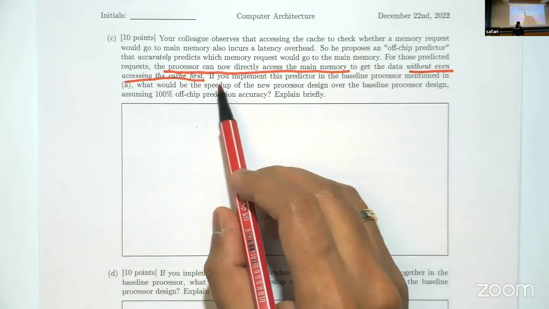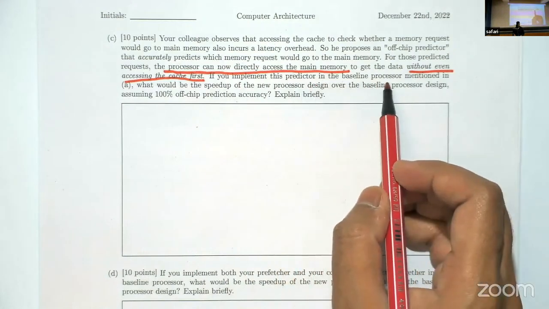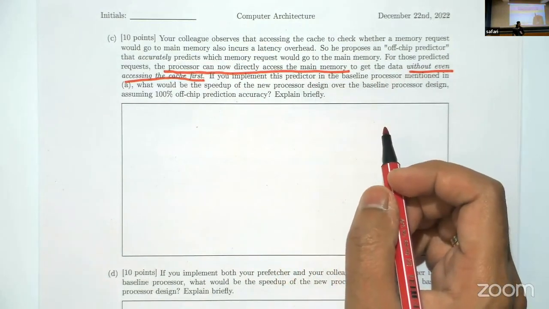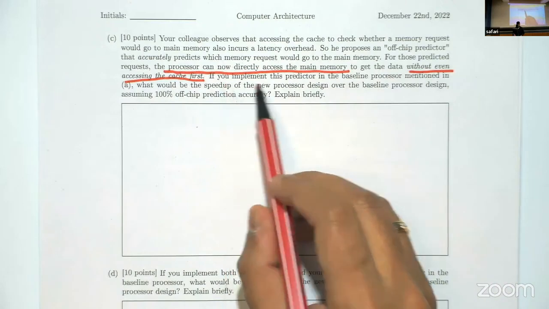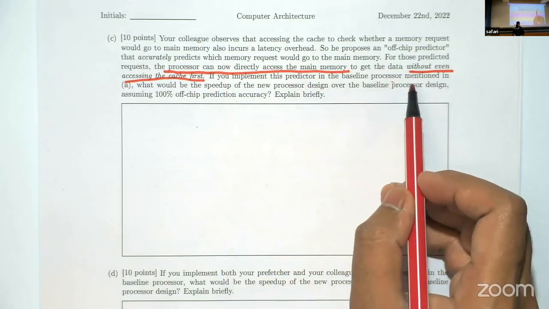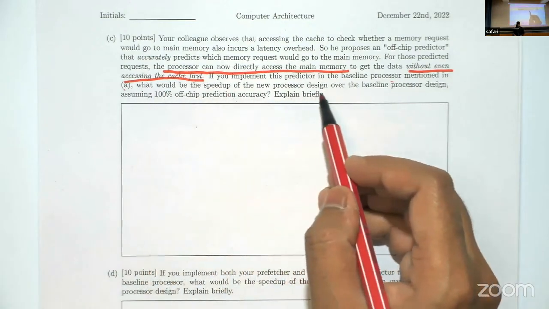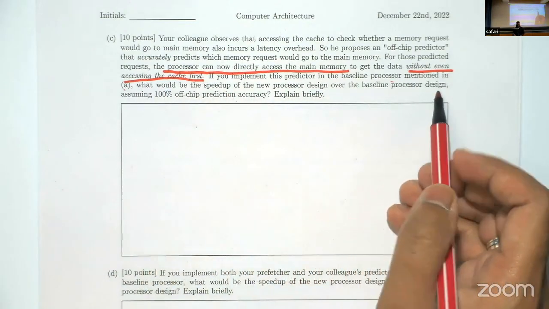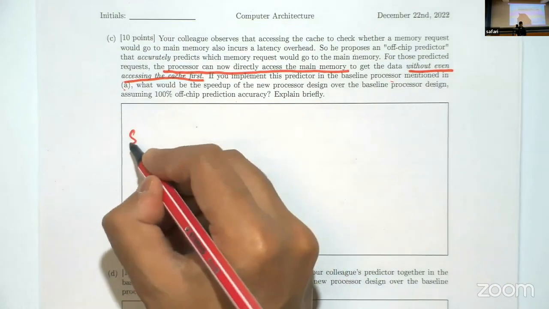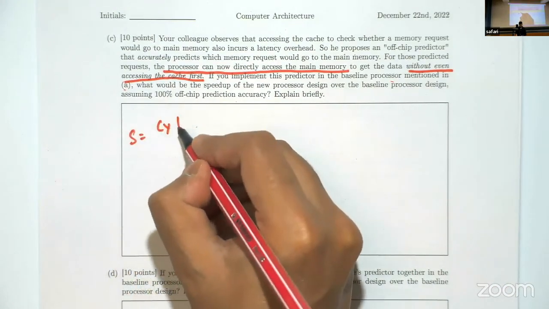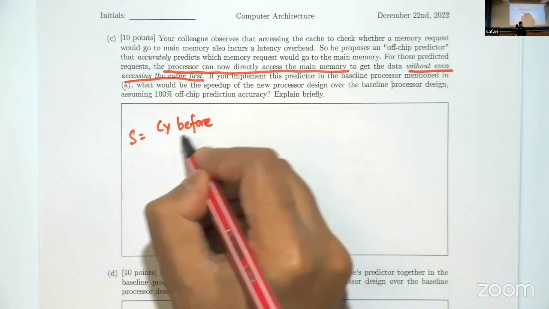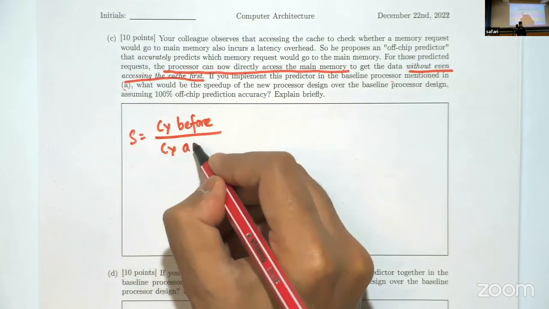Remember, the baseline processor does not have a prefetcher yet. So if you implement this predictor in the baseline processor mentioned in A, what would be the speed up of the new processor design over the baseline processor? Again, your speed up would be cycles before divided by cycles after.